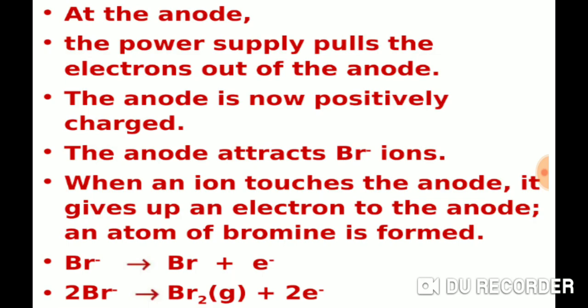At the anode, the power supply pulls the electrons out of the anode. The anode is positively charged and attracts the oppositely charged negative ions towards it. So when bromide ions reach the anode, they lose electrons and form bromine gas, which is brown in color.